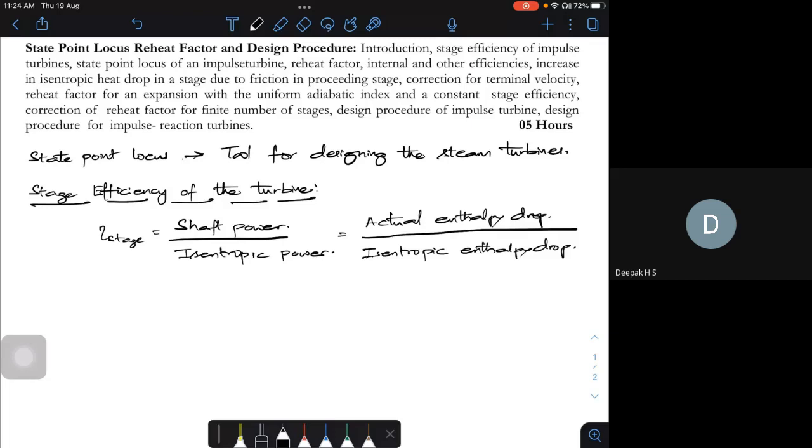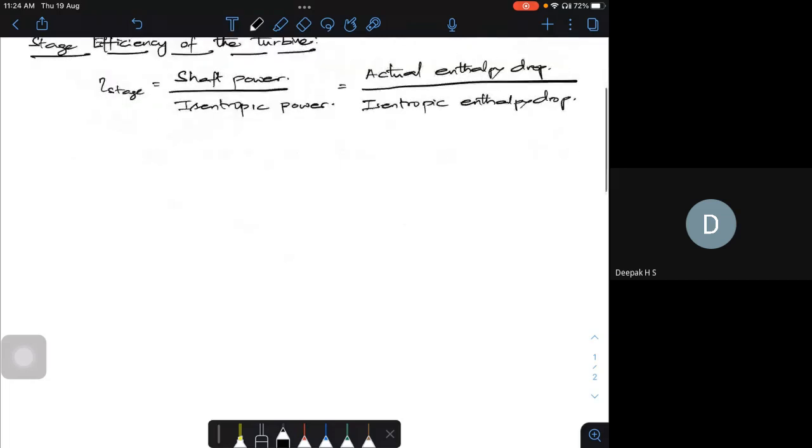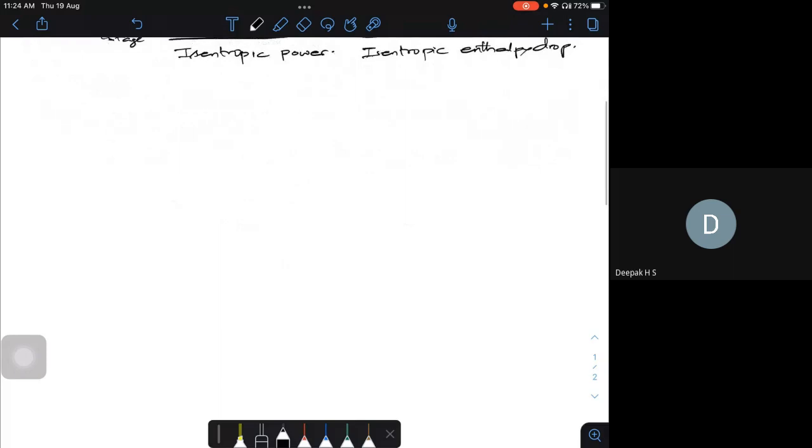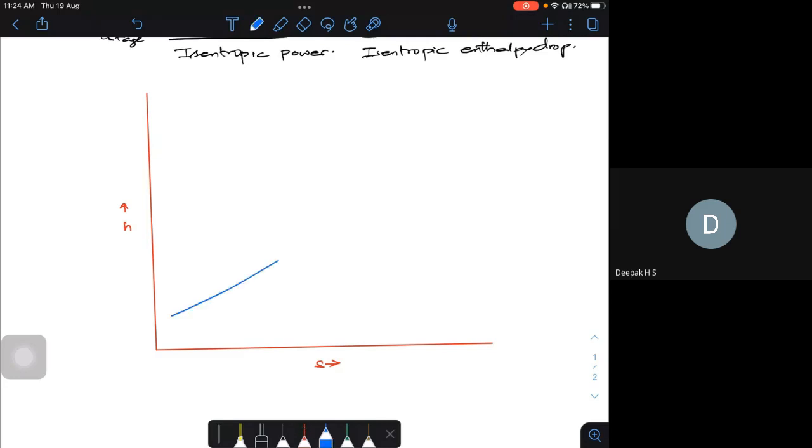Now let's look at the HS diagram, how it looks. We have enthalpy H on the y-axis and entropy on the x-axis. I have the constant pressure curves, which are diverging in nature.